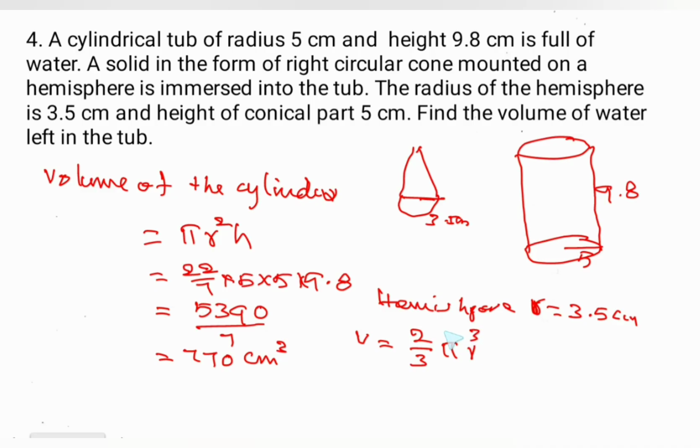This equals 2 by 3 into 22 by 7 into 3.5 into 3.5 into 3.5.